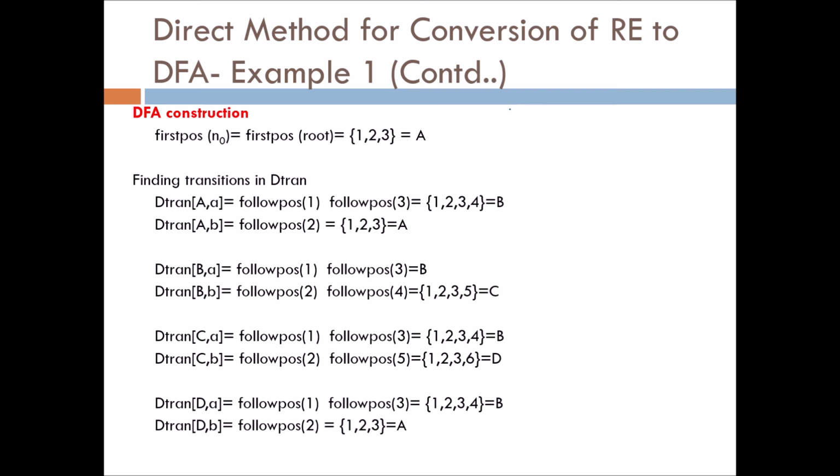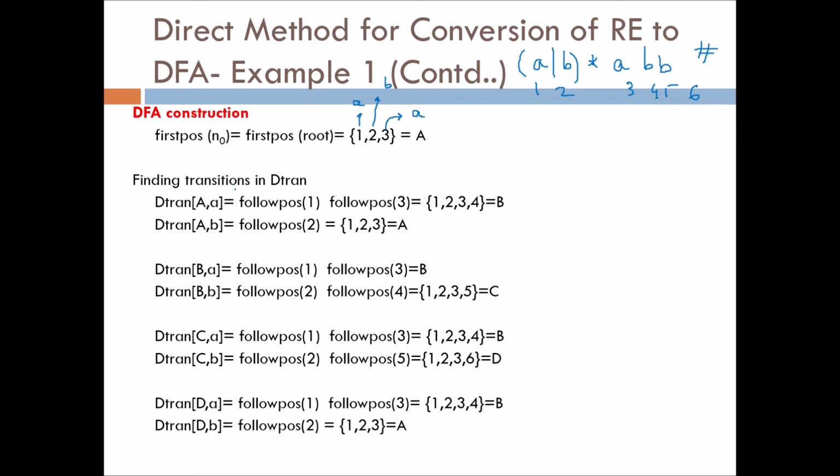If you recollect the regular expression we had considered, this was position 1, 2, 3, 4, 5, and we have a hash as 6. Position number 1 indicates a, position number 2 indicates b, and position number 3 indicates a again.